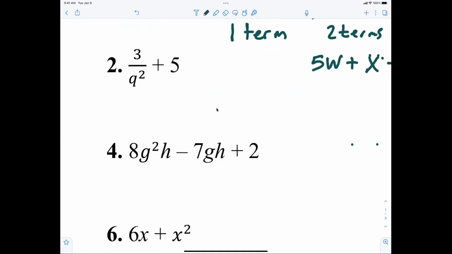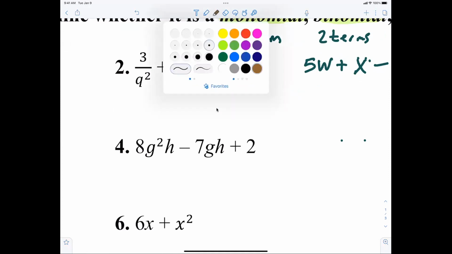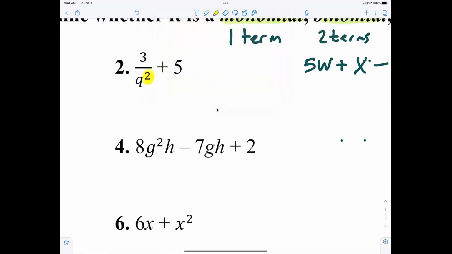Everybody look at number 2. How many terms is that? 2 terms, right? But the problem is, is it a polynomial? And the answer is no, because of this. Highlight this for me. The exponent is in the denominator. So technically, that's the same as 3q to the -2 plus 5.